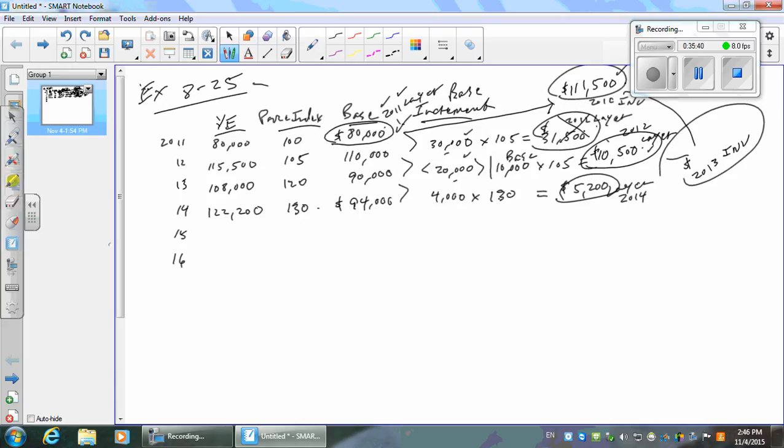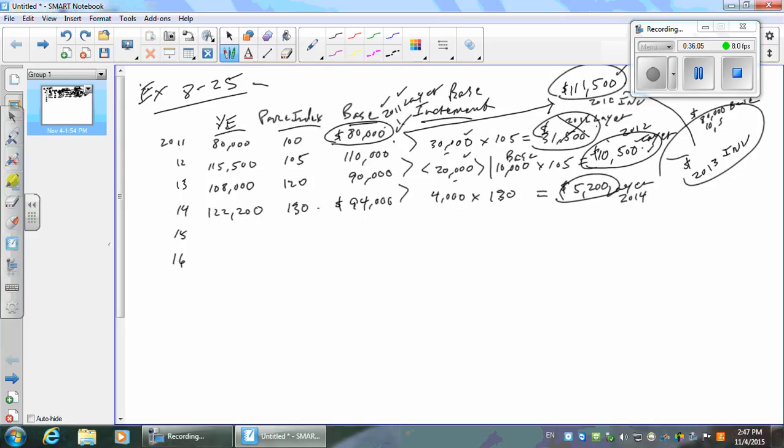You did have 31.5 from the second year, from 2012, which made 111.5, but you got rid of 20 of that in base dollars, which left only 10.5. We have 80. This inventory is going to be 80,000 from the base year plus 10.5.